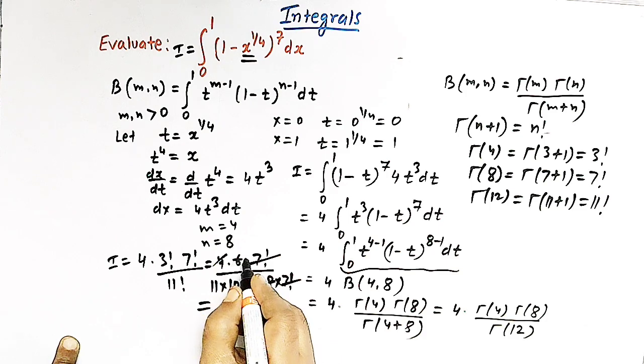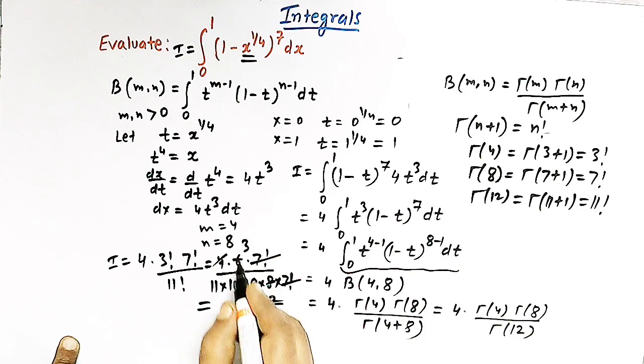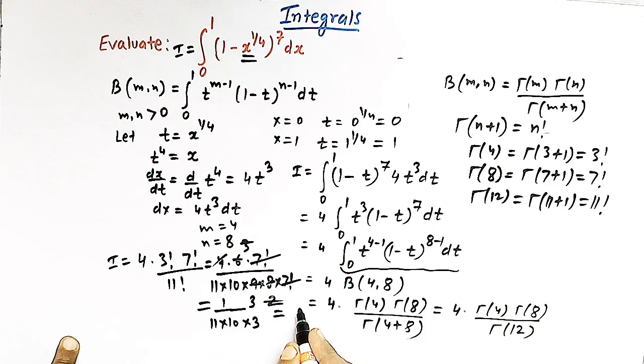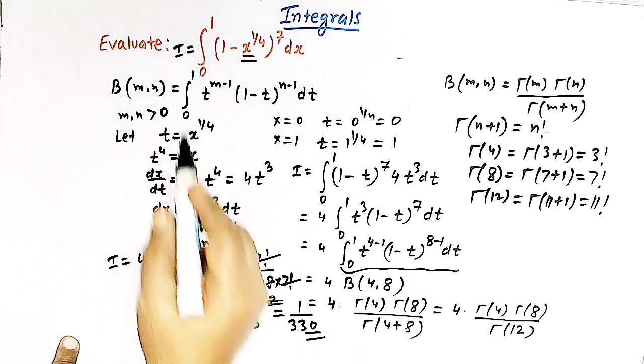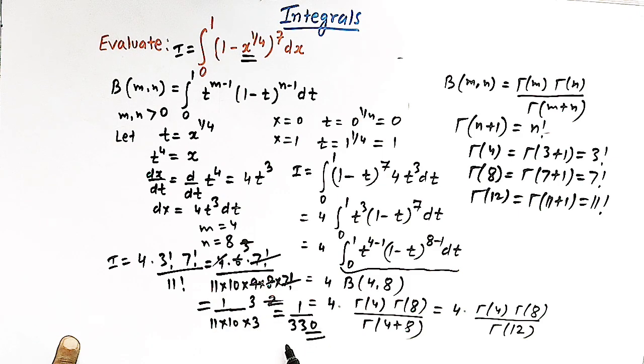Then we have 2 times 3 is 6, then we have 3 times 3 is 9. So we have now 1 over 11 times 10 times 3, and this is equal to 1 over 330. So the value of this integral I is equal to 1 divided by 330.